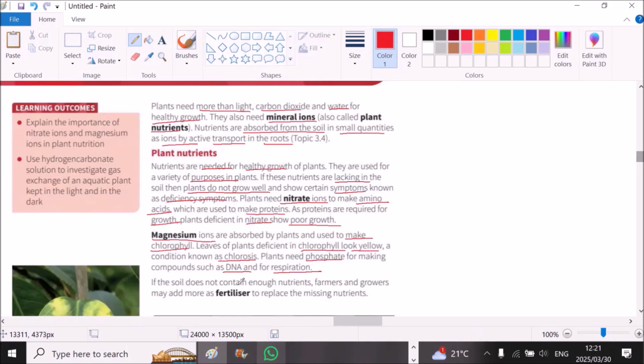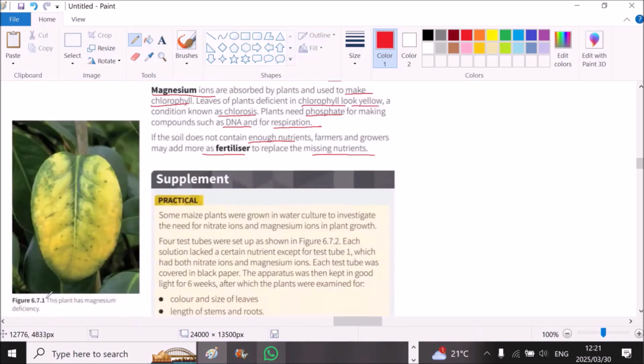If the soil does not contain enough nutrients, farmers and growers may add more as fertilizers to replace the missing soil nutrients. So the diagram shows a leaf that has magnesium deficiency, since magnesium is used for chlorophyll, the green pigment required for photosynthesis.